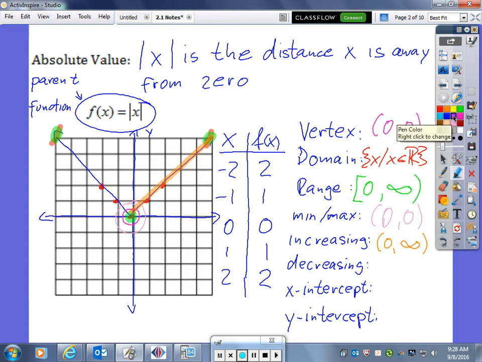And I also see a decreasing interval, which comes from negative infinity and stops at 0. Let's talk about intercepts now. Since the curve goes through the origin, you remember that from our previous unit, both our x and y intercepts actually have the coordinates 0 and 0.